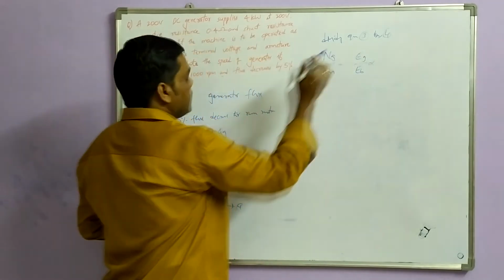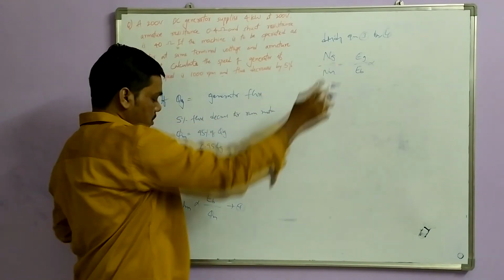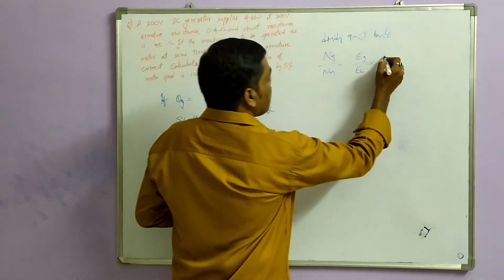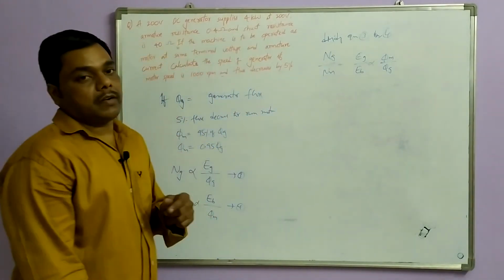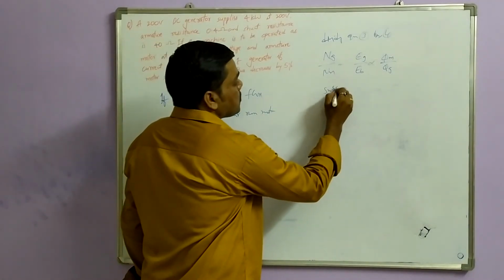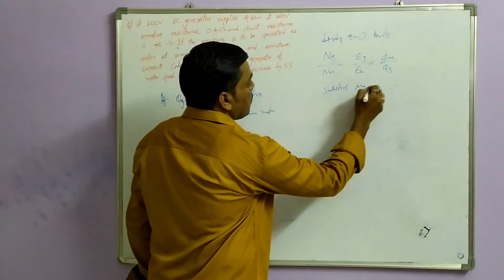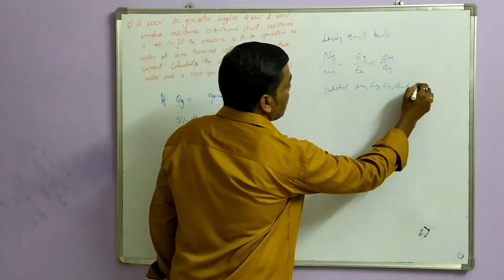Ng, Eg both are proportional, Nm and Eb both are proportional, but inversely proportional to the generator flux and motor flux. Now substituting all the values, Nm, Eg, Eb, phi m and phi g.